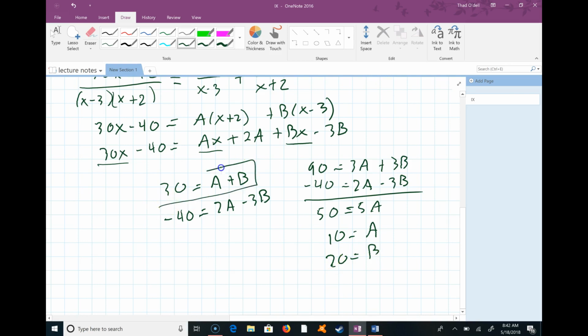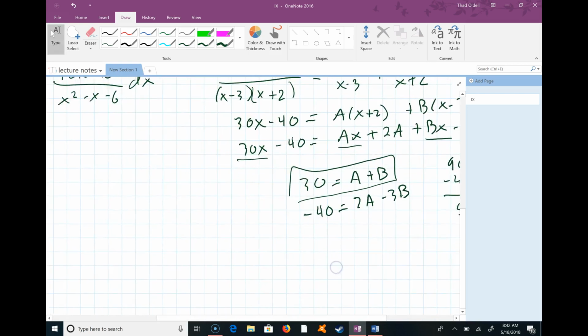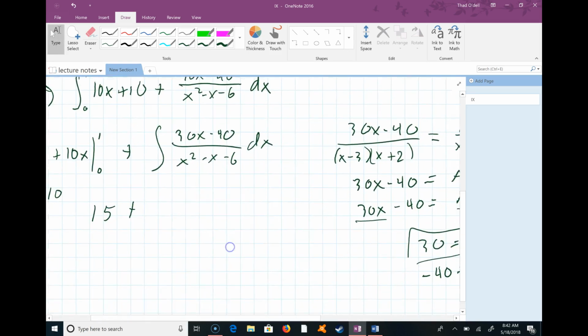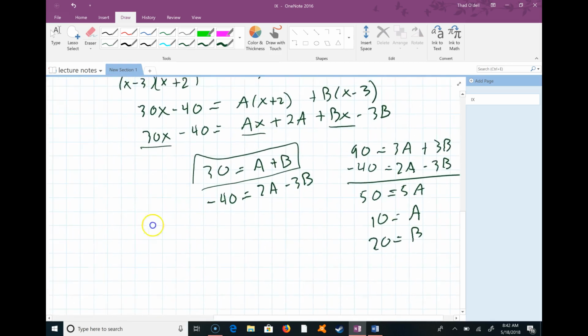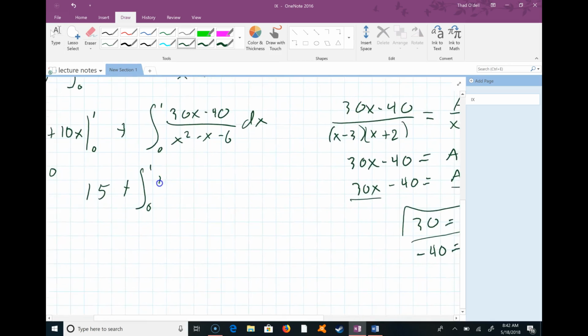I can tell that real quick by looking at that. So now we can run back over here, and this integral is now going to become, this is still from 0 to 1, of 10 over x minus 3 plus 20 over x plus 2 dx.